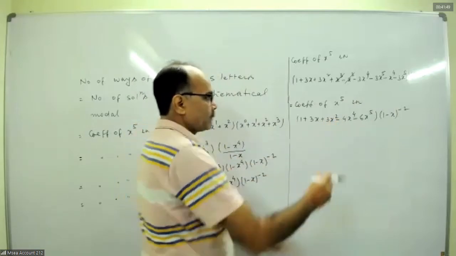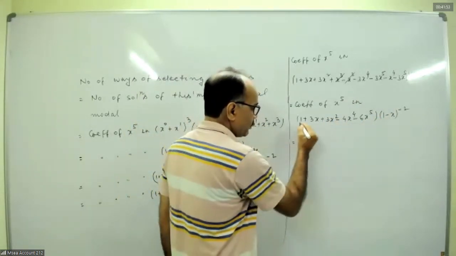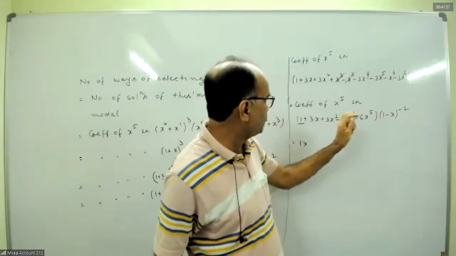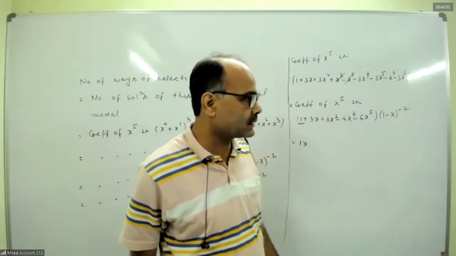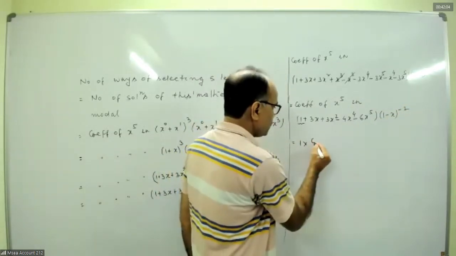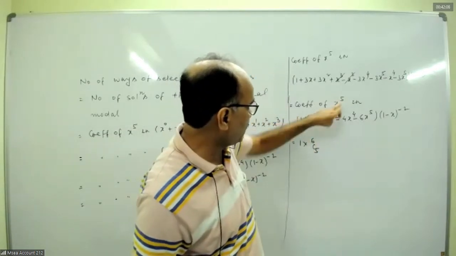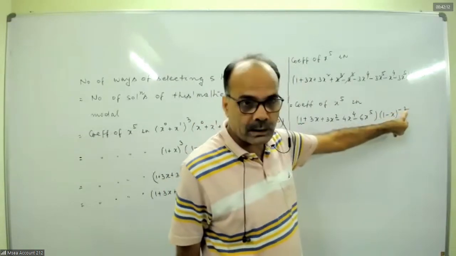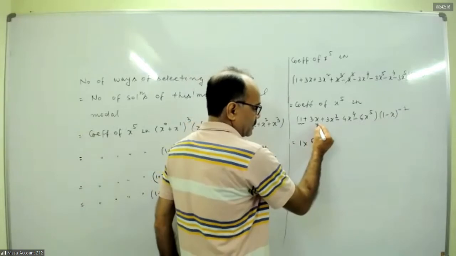What will be the coefficient of x to the power 5 here? Here 1 multiplied with this. The coefficient of x to the power 5 is (5+2-1)C5. Here we already have x, so which term, after multiplication, will give x to the power 5?